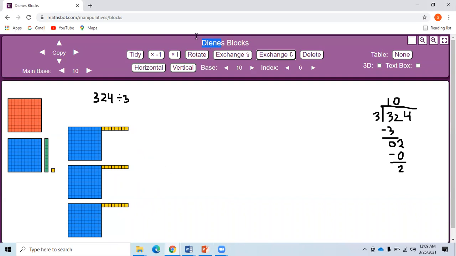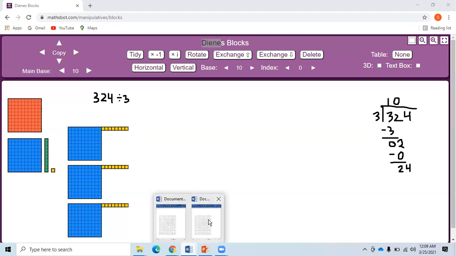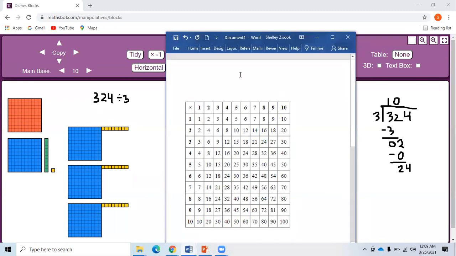Going back to the algorithm, I need to bring down the 4. Well, I had two 10s, which was 20, plus 4 ones, gives me 24 ones. I need to divide that by 3. If you don't remember your multiplication tables, a multiplication chart might help. So if we look at the multiplication chart, we know that our divisor is 3.